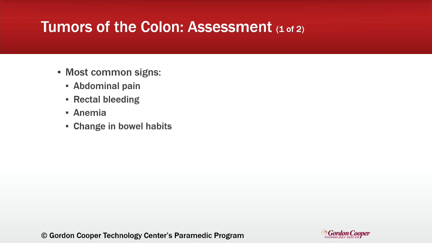The most common signs for colon cancer include abdominal pain, anemia, abdominal masses, and rectal bleeding. Screening methods like colonoscopies and those kinds of things can catch many of these cases of colon cancer before the symptoms even show up, when they're the most treatable.